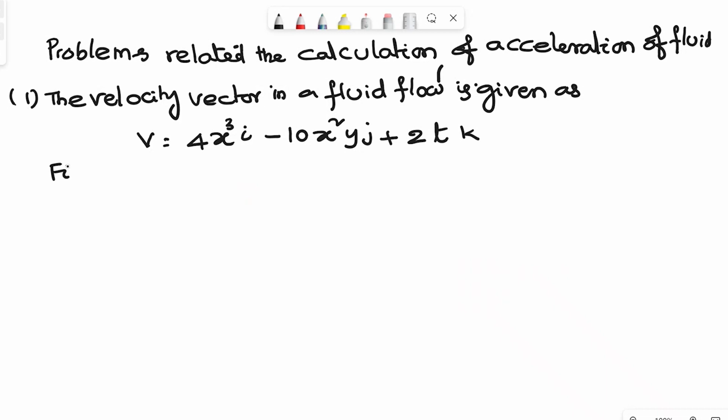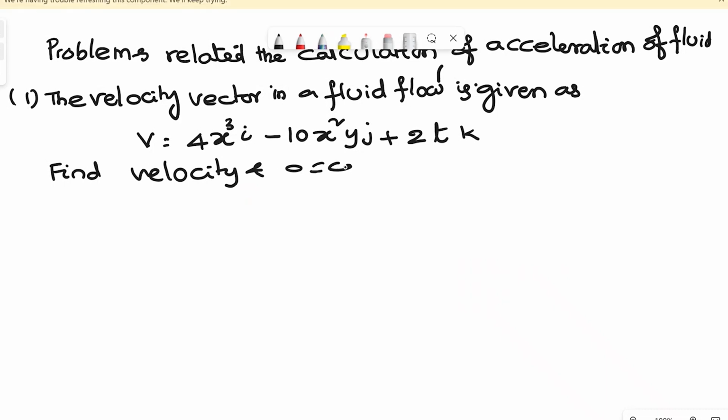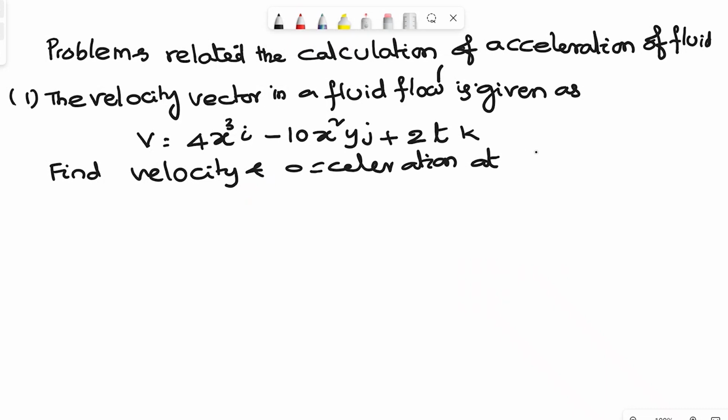Find velocity and acceleration at (2, 1, 3) and time t is equal to 1.